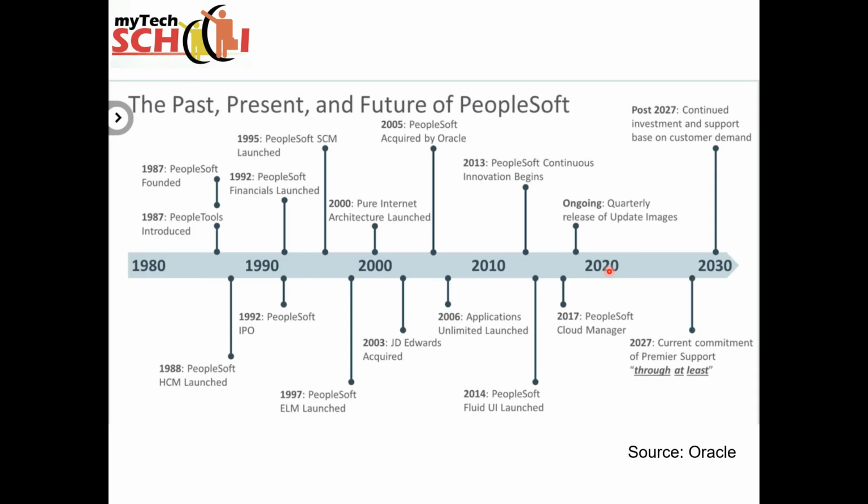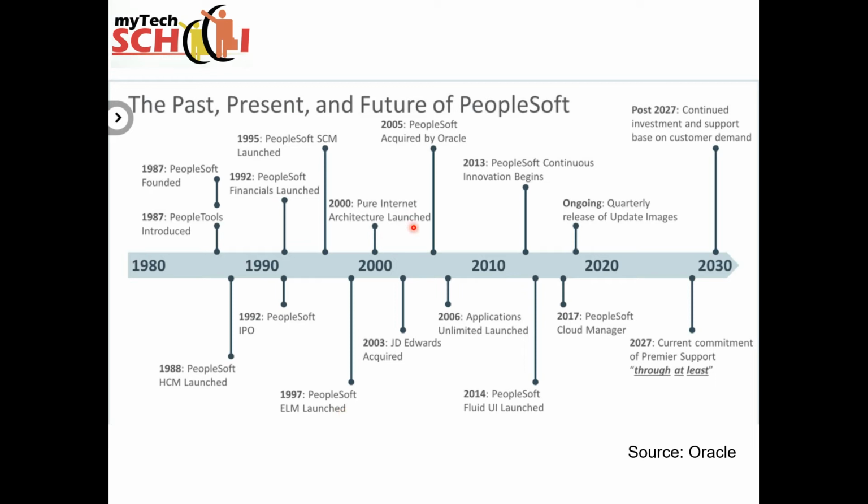In this slide, we're going to see a brief history of PeopleSoft and what lies ahead for PeopleSoft. I'm not going to read through the entire slide. It's very clear and self-explanatory. It was founded in 1987, the same year PeopleTools was introduced. The first product, human capital management, was launched in 1988, followed by a financial product, and then PeopleSoft launched supply chain management, and then enterprise learning management.